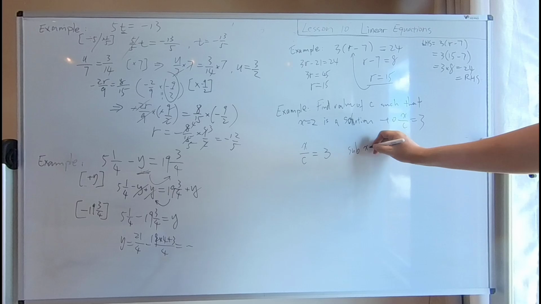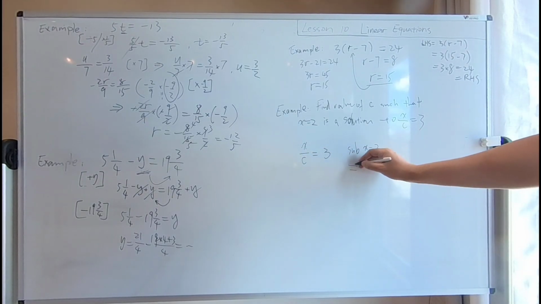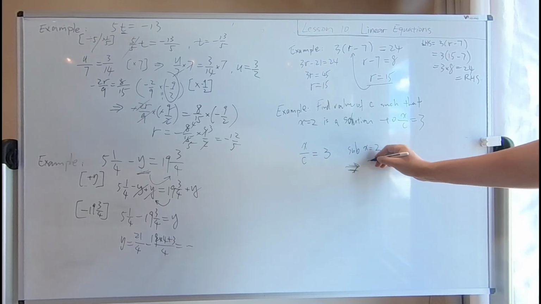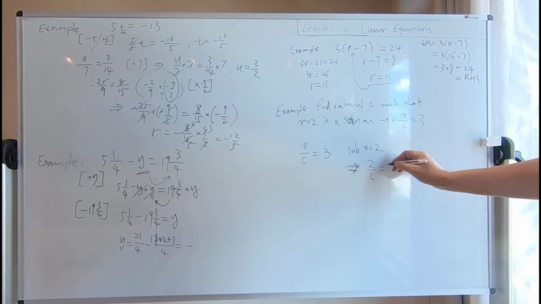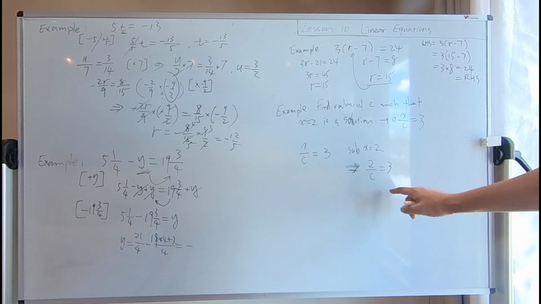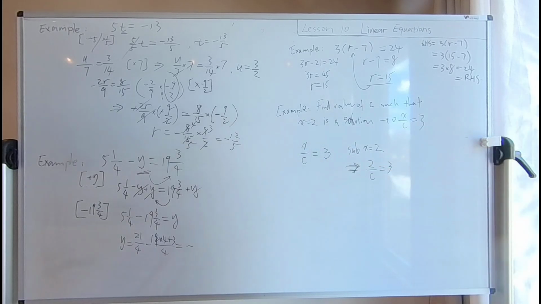So that means x equals 2 can be substituted in here. Then x can be replaced by 2, so I have 2 over c equals 3. And this should still hold because x equals 2 is a solution to this equation.